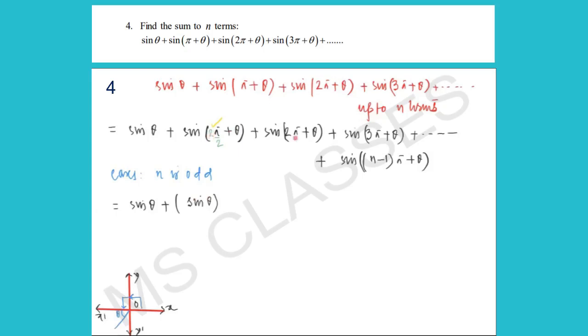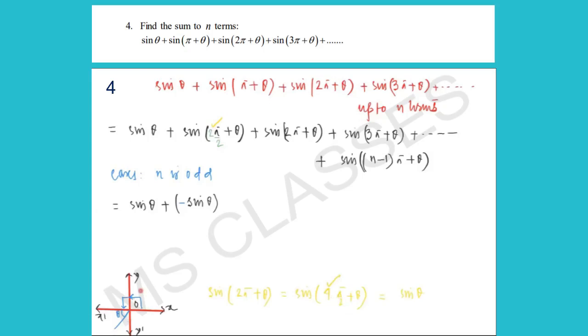Similarly, here sin(2 pi plus theta). Now, sin(2 pi plus theta) can be thought of as sin(4 into pi by 2 plus theta). 4 means sin will remain as sin theta only. 4 pi by 2 means one complete circle plus something.